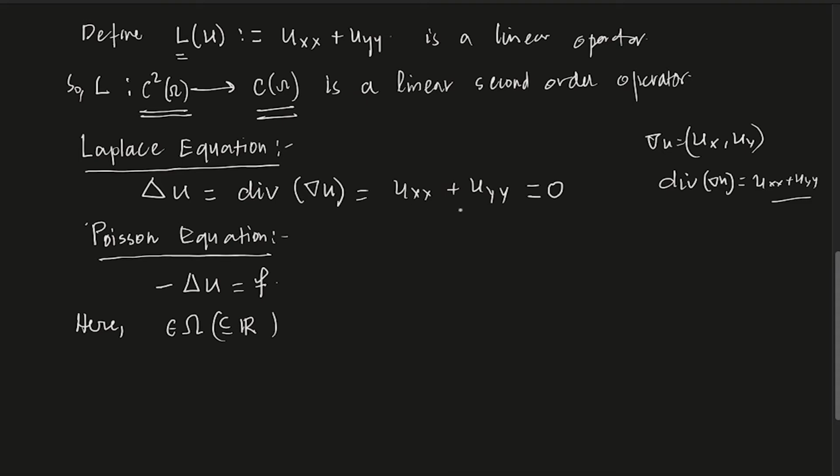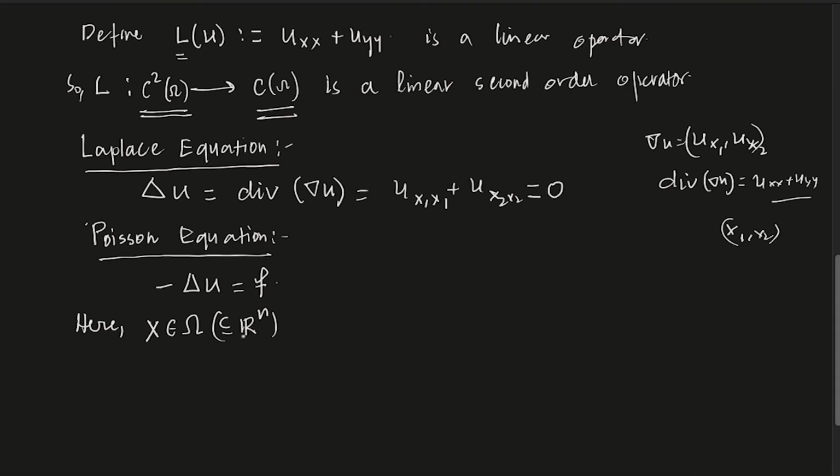Actually, I should write it like this. In two dimensions, it will look like this: x1, x2. I'm just writing a tuple in R2 as x1, x2. You can write it as xy also, but I want to reserve x for an element in Rn. So x is x1, x2.